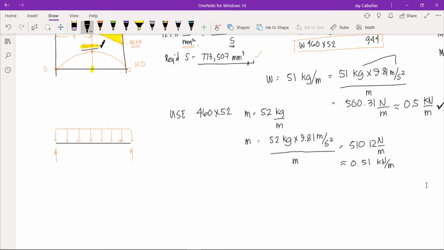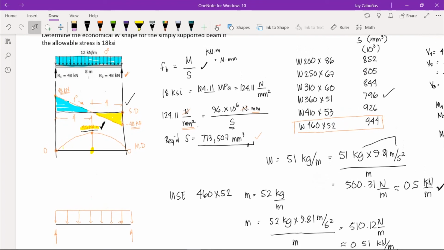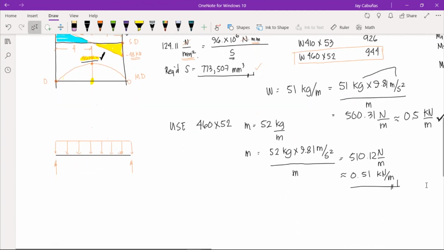So we add this weight to the original load, which is 12 kilonewton per meter. Our new load is the 12 kilonewton per meter, which is the live load, plus the dead load, which is 0.51 kilonewton per meter. So our load here is equal to 12.51 kilonewton per meter. That is our new distributed load.